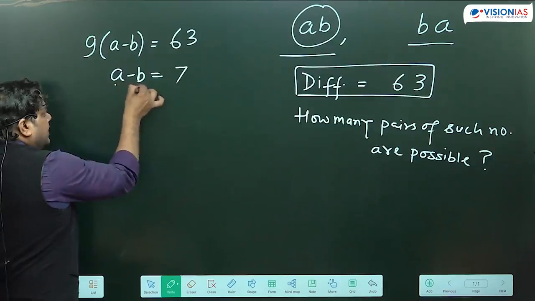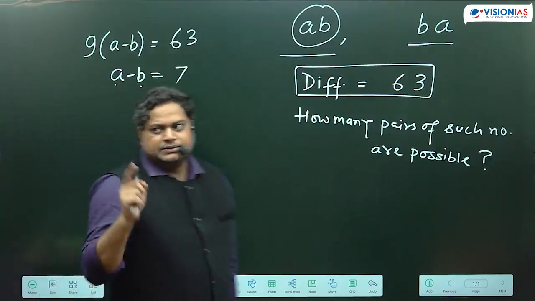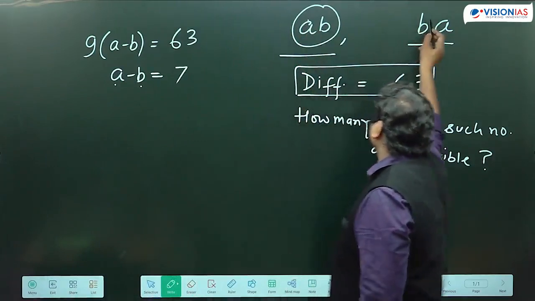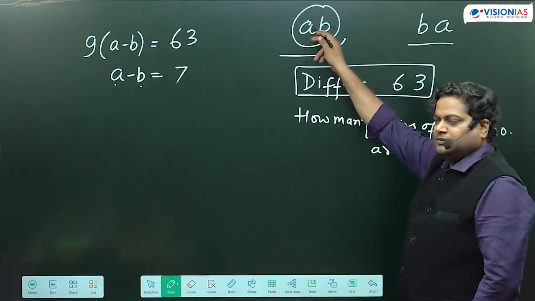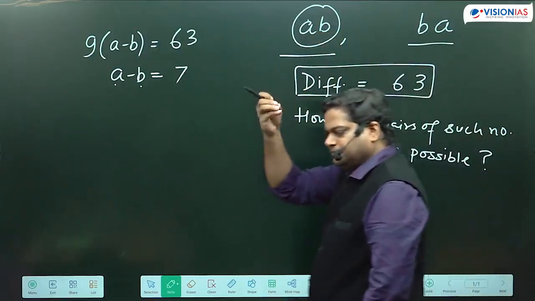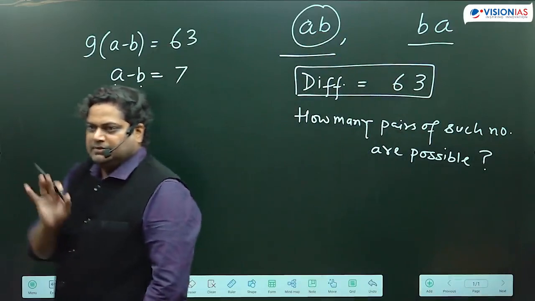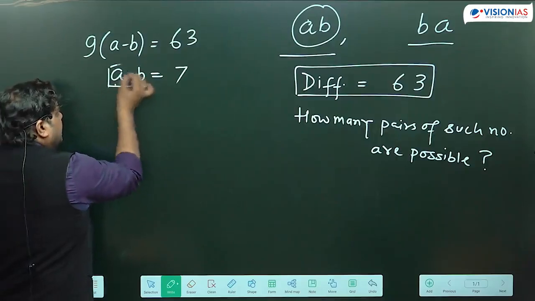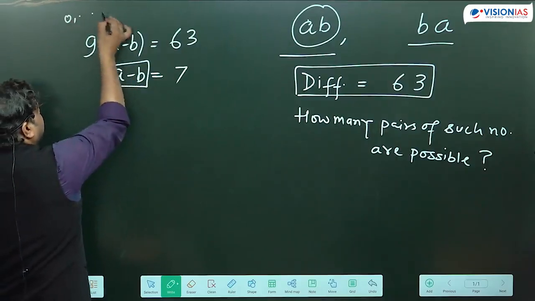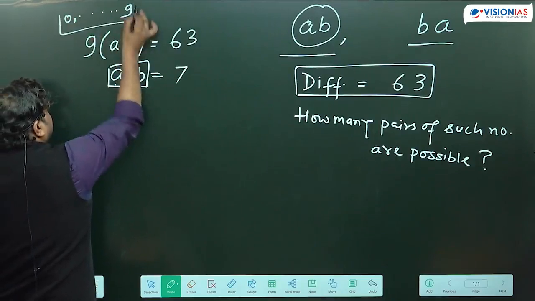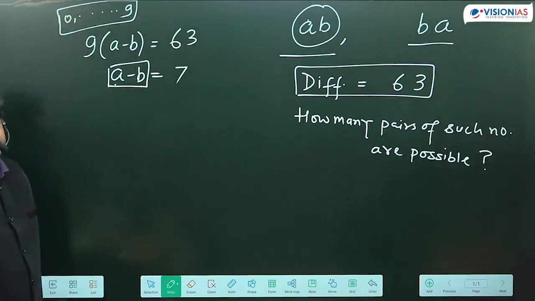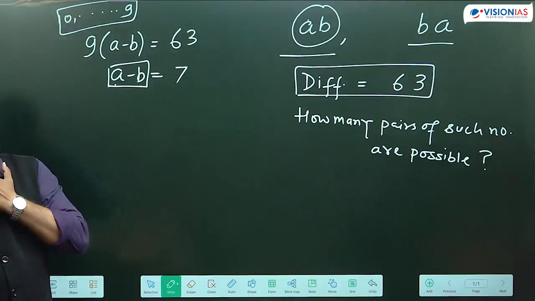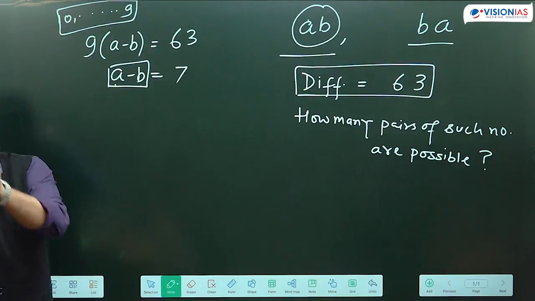And we know a and b can take values from 0 to 9. Here 0 cannot be a possibility for a, but if 0 comes, we will still keep 0 and check that we don't miss anything. And the difference of the two is coming 7.